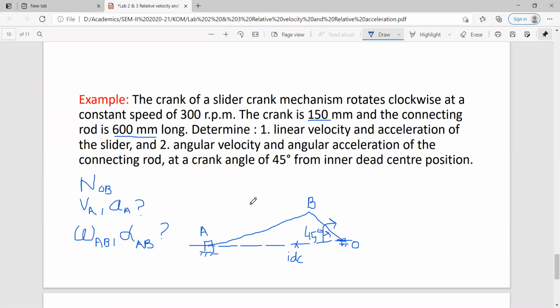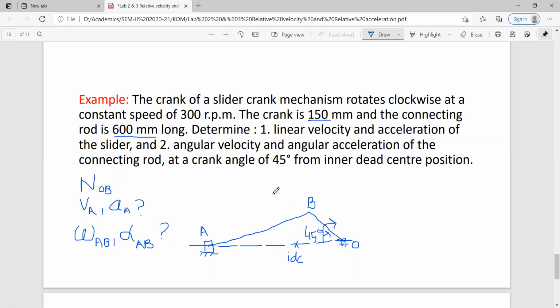Again in this problem, the very first step after writing the given data is to draw the space diagram with its dimensions, with a scale. So what scale will you select? For example, OB is given 150 mm and AB is given 600 mm. If you take the scale as 1:10, then the crank length will be only 15 mm, very less.